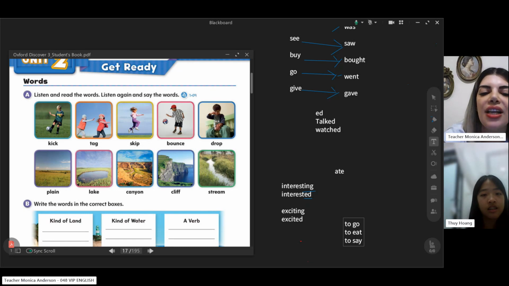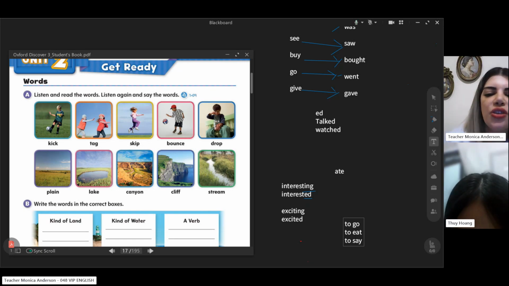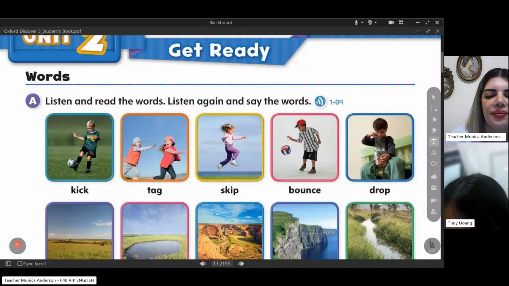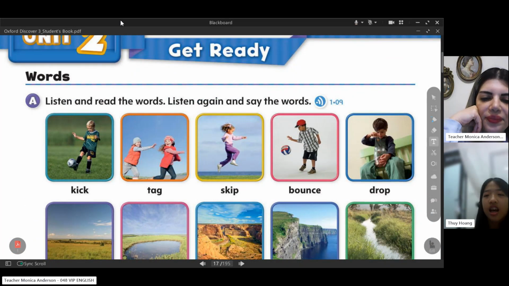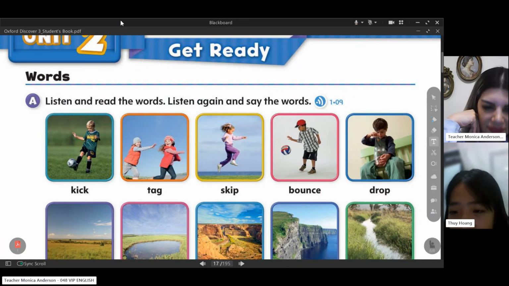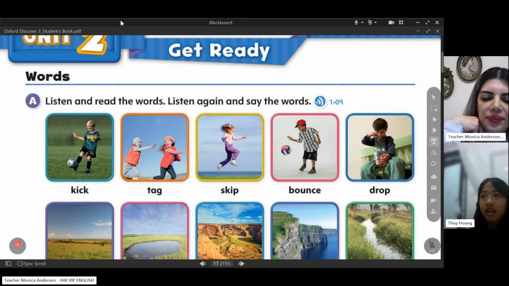And the last word that I'm going to ask you is drop. What is this boy doing? He dropped something, the thing is no more in the hand.